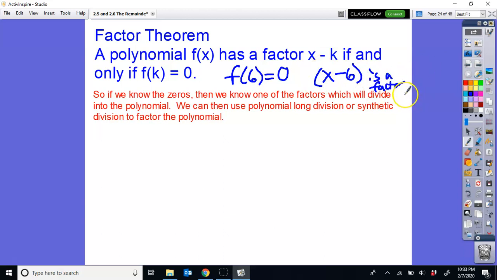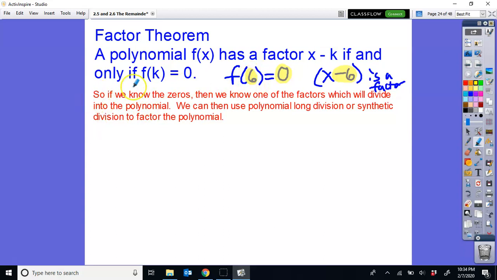It means it divides evenly. Because the remainder theorem says if I plug in the opposite of this, which is 6, I'll get the remainder. If the remainder is 0, then it's a factor. So if you know something that makes it equal 0, you know a factor. If you know a factor, you should know something that makes the function equal 0.